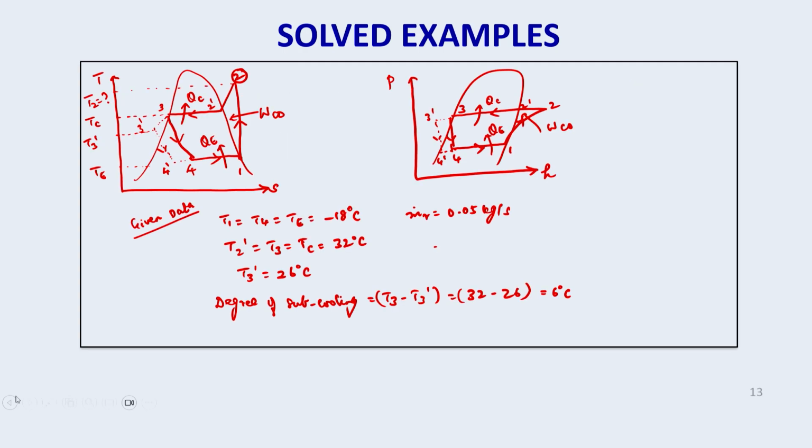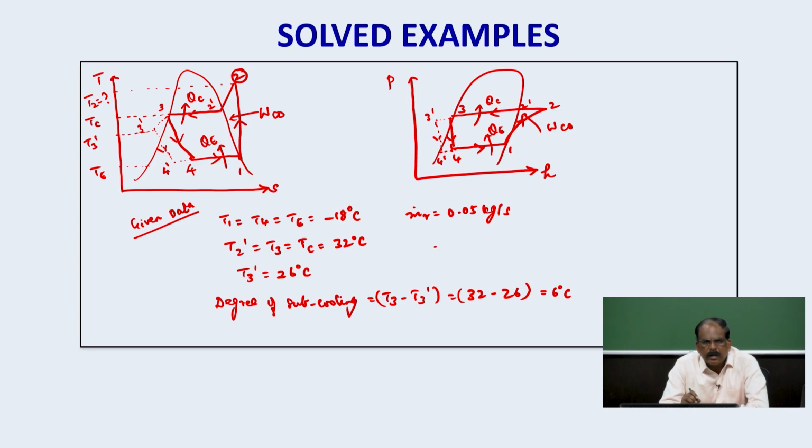Now, if you look at the diagram, state point 2 dash is lying on the saturated vapor line. So we can directly read the vapor entropy value from the table corresponding to condenser temperature.